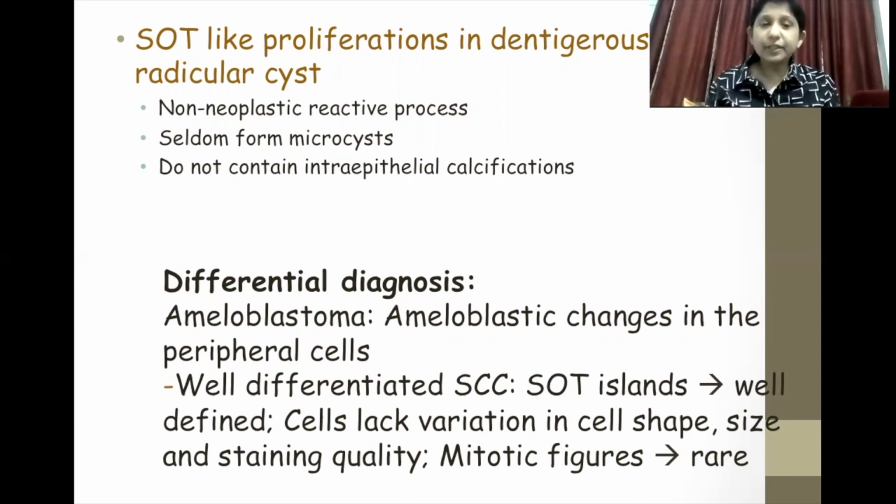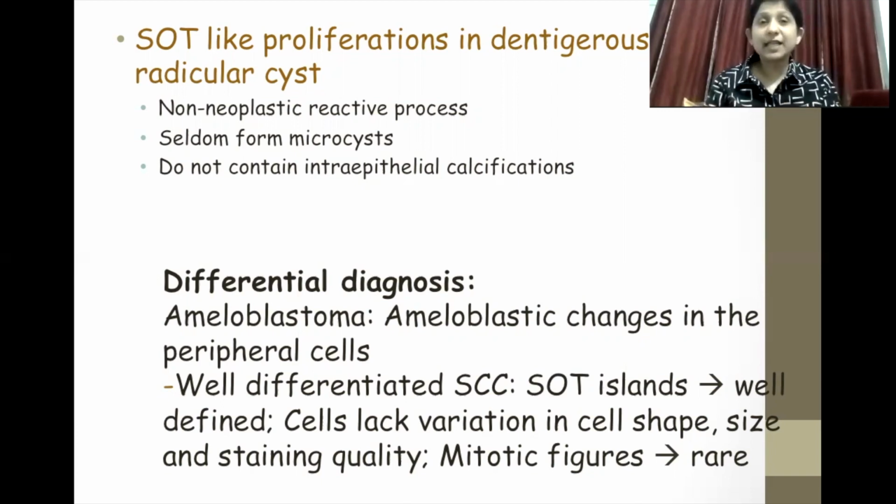Now, differential diagnosis, I've already discussed the differential diagnosis of a well-differentiated squamous cell carcinoma. But as far as ameloblastoma is concerned, there will be ameloblastic changes in the peripheral cells, whereas it's not present in the SOT. Now, as far as ameloblastoma and SOT are concerned, both of them are benign lesions. But how will you differentiate them?